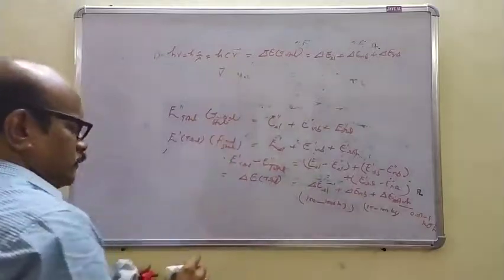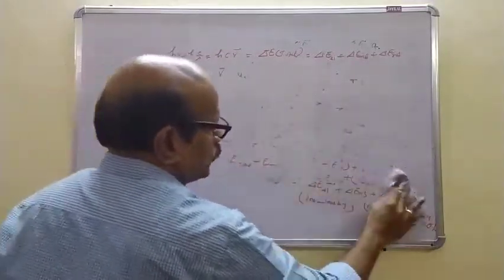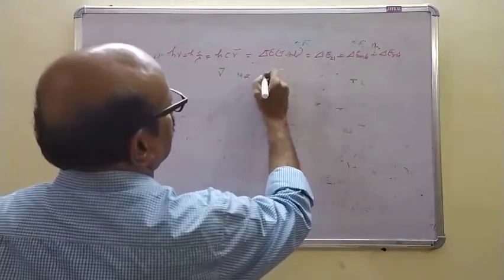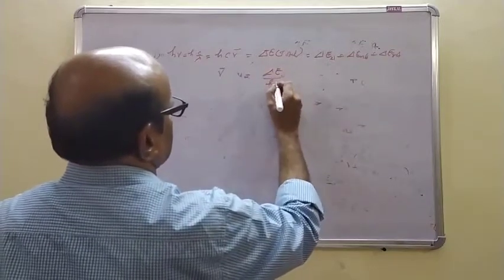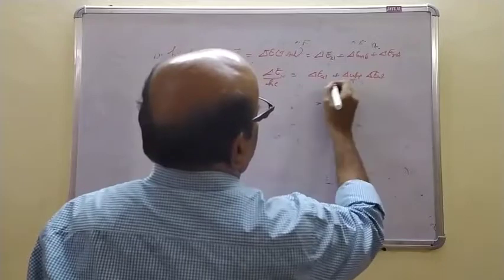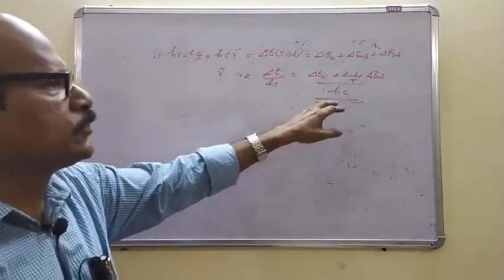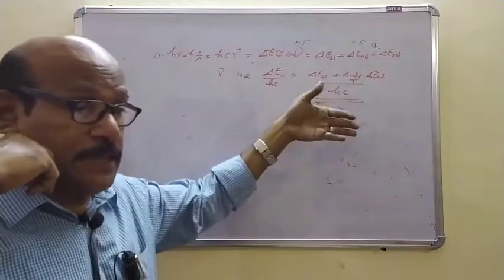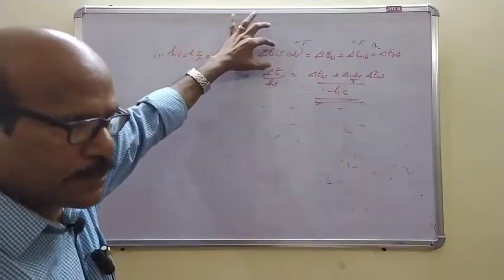Therefore, the wave number of the radiation in centimeter inverse to induce the electronic transition is nu bar, equal to delta E total by h c, that is delta E electronic plus delta E vibrational plus delta E rotational by h c. This is the actual principle of the Bohr condition for spectral transition: by absorption of the energy h nu from the UV and visible radiation, the molecule undergoes electronic transition.